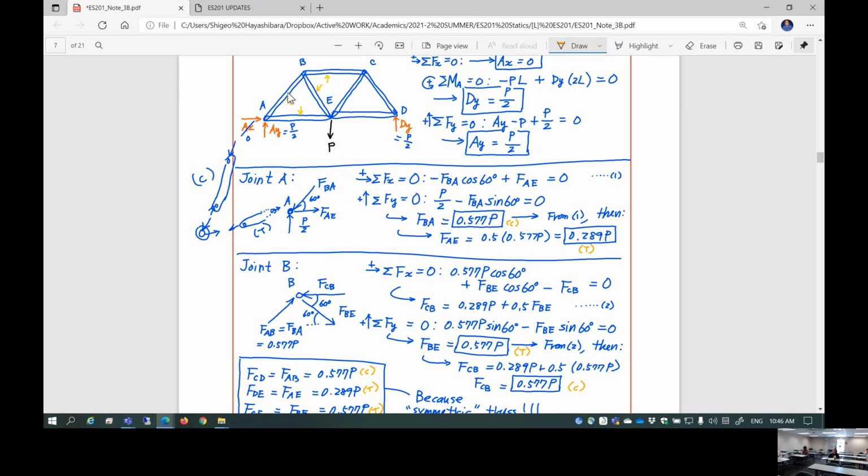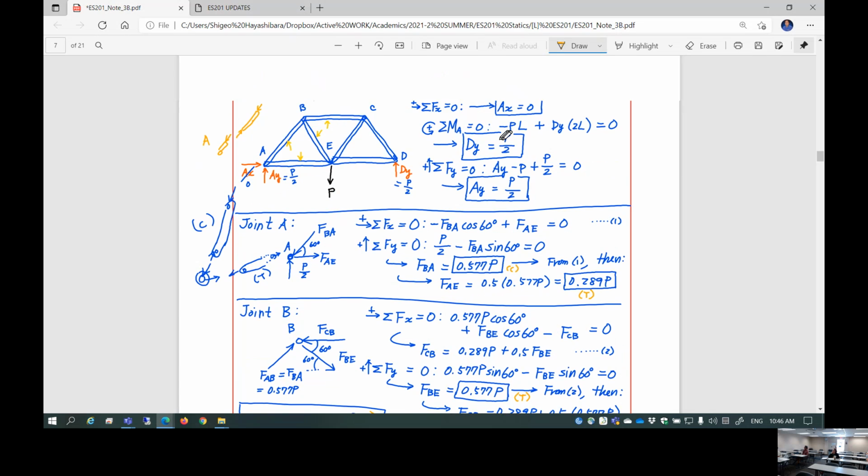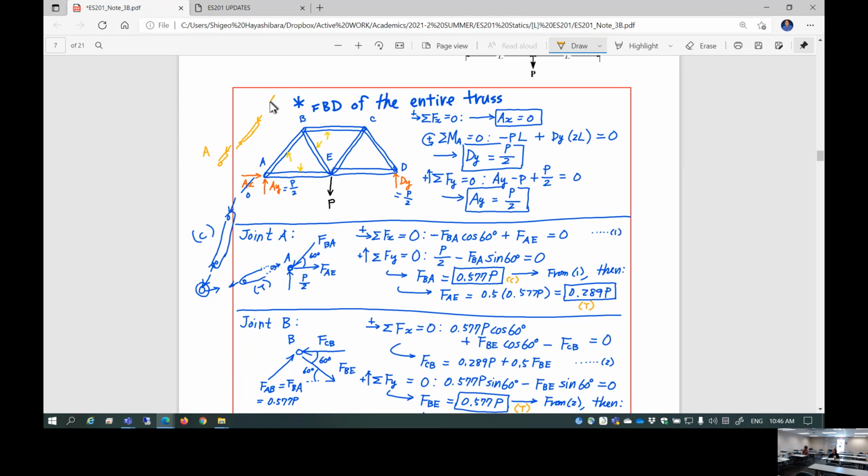So this member being compressive means this member seems to be this, and then this is what's happening at joint A. And at joint B, this is happening, right? That's what the compressive member means.